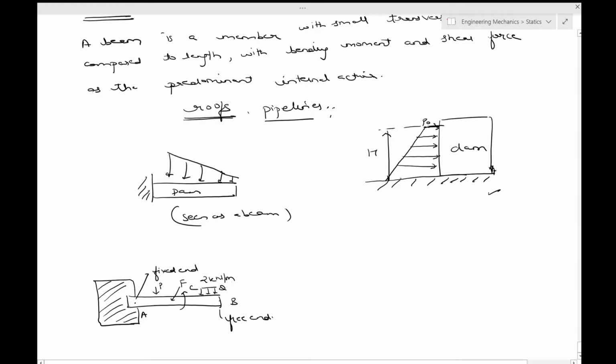So there is a free end over here, that means that there is no reaction.